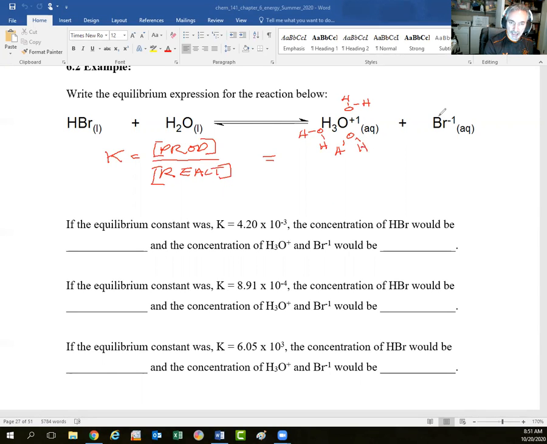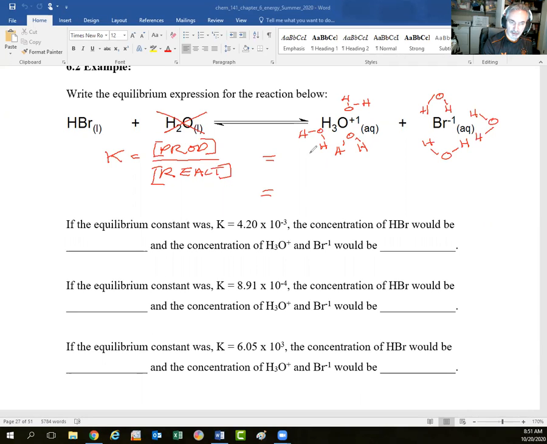Same with the bromide ions, which are aqueous, surrounded by molecules of water. So a reaction which uses or produces water isn't really going to change the concentration of water when we've got these aqueous solutions. So we do not include the water.